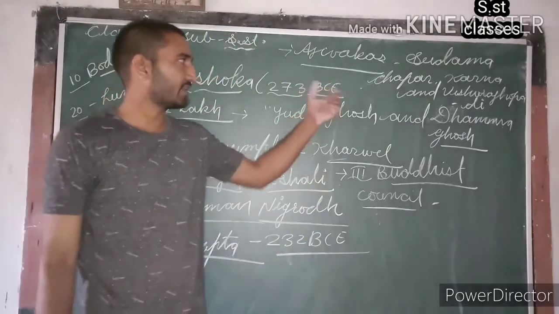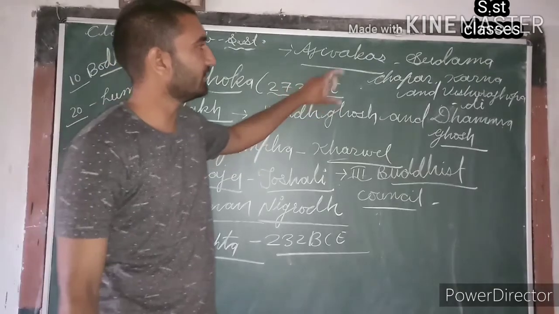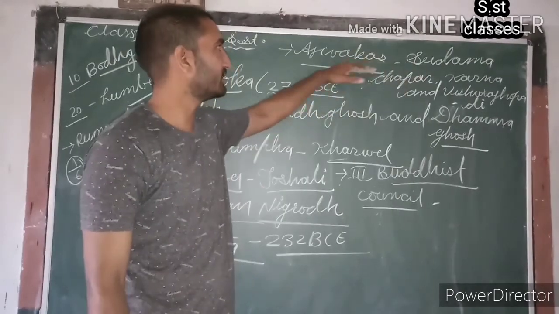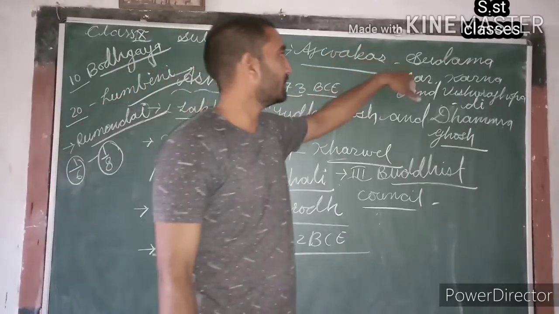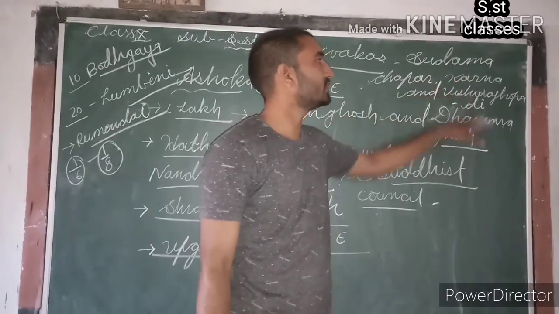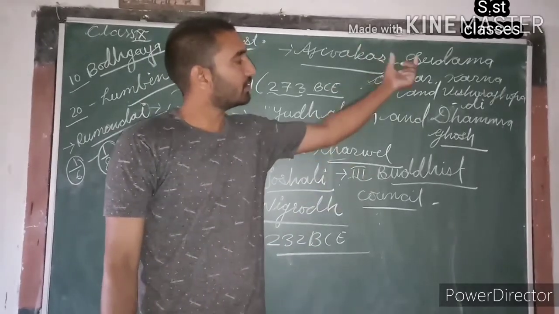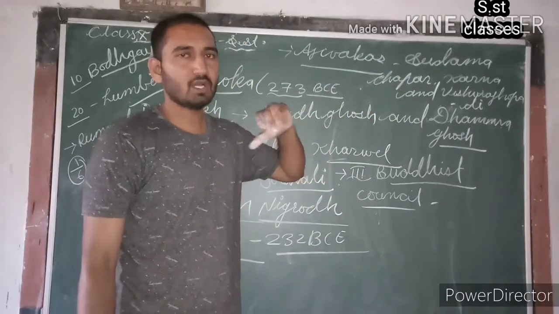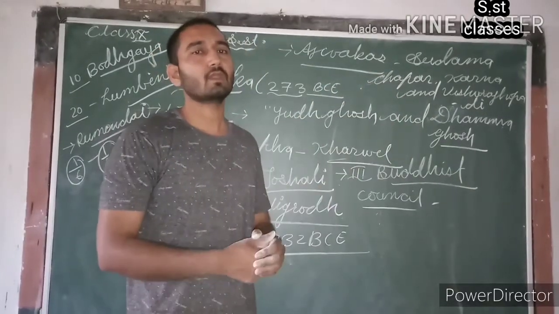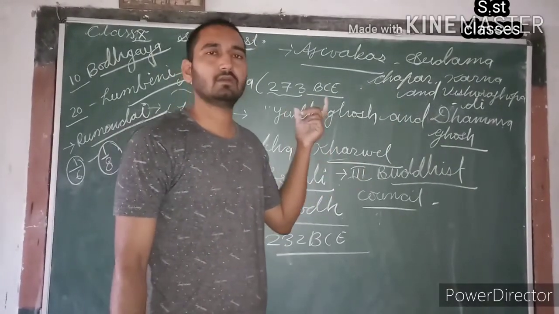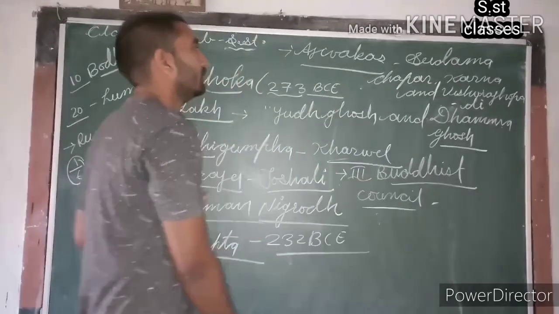So 4 major caves were built by Ashoka for the followers of the Ajivika sect. According to some texts, only Sudama, Karn and Visvajhopri were built by Ashoka, and the Chapar was built by his successor Dasharatha.